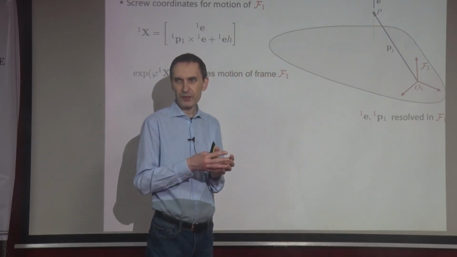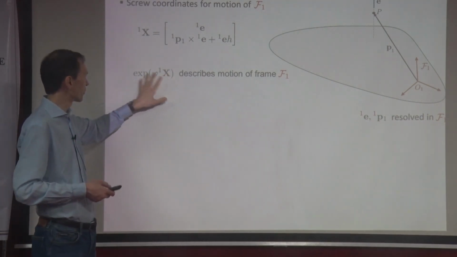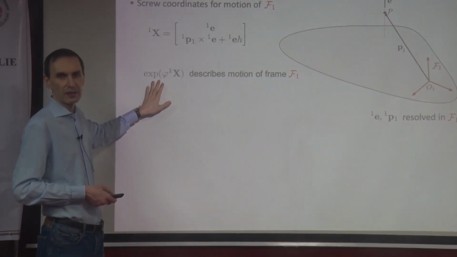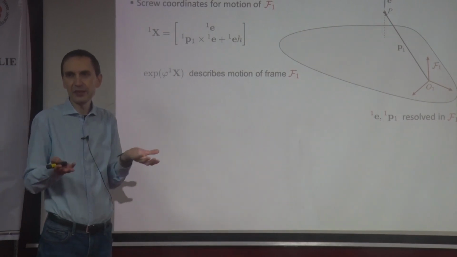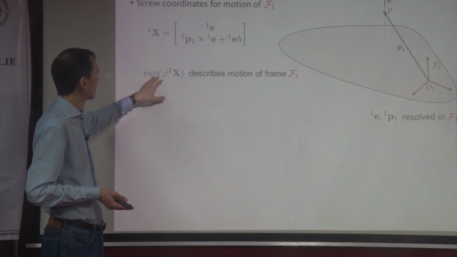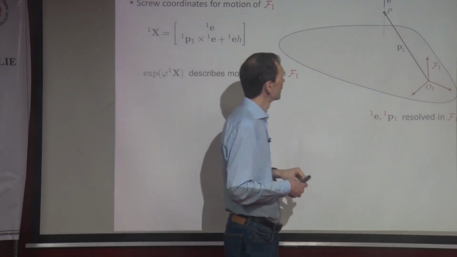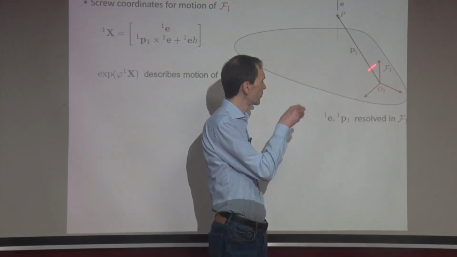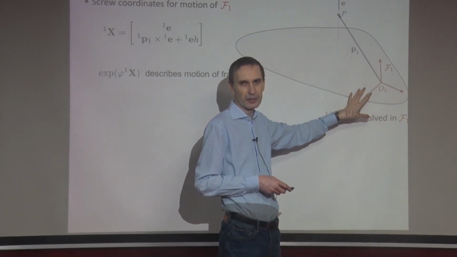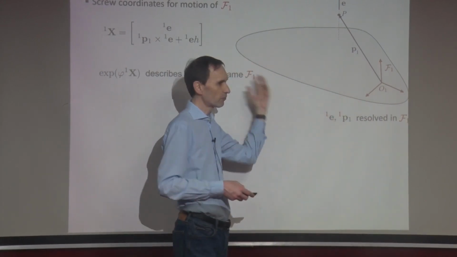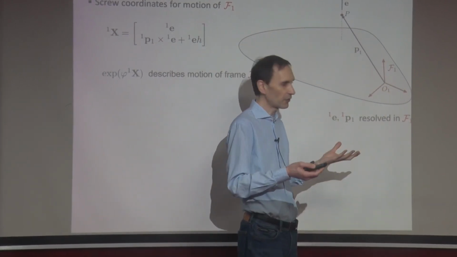But there are two instances. Obviously, what is the exponential of the argument 0? Well, it's the identity. And that's why, if you call phi the angle, this frame F1 is exactly located where we start from. Now if you start doing the screw motion, then it displaces.